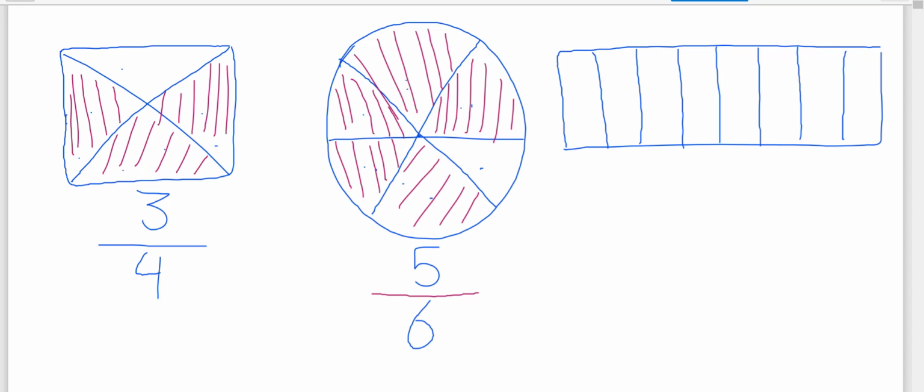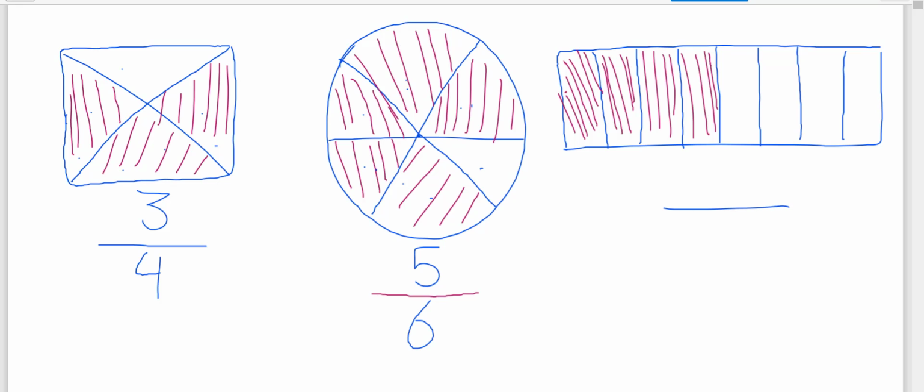Third shape, when we shade 4 parts, 1, 2, 3, 4, write this fraction. First, count all the parts in this shape.